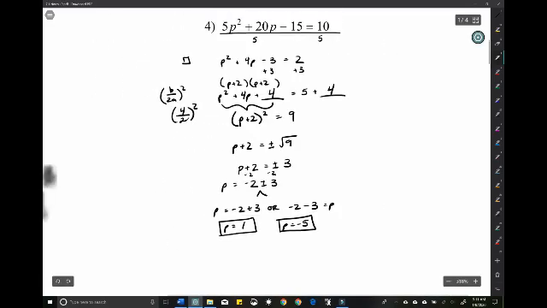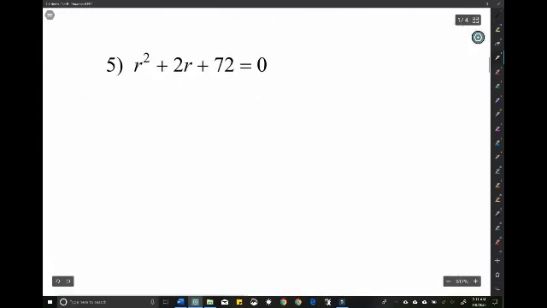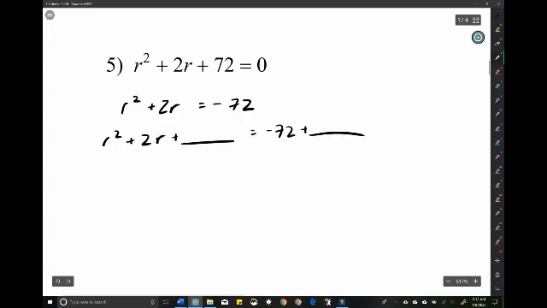Okay, last example to kind of show you guys what's going on here. So nothing really crazy tricky. We can just start. We already have 1. We'll just start moving that 72 over. R squared plus 2r equals negative 72. Okay, I know I'm going to have an I don't know value plus an I don't know equals negative 72 plus an I don't know.